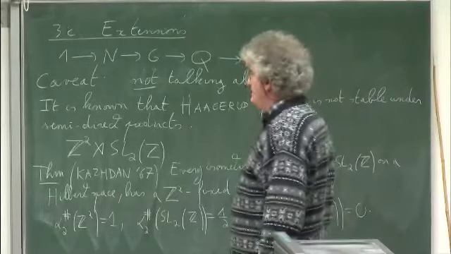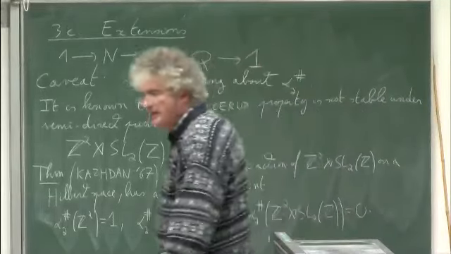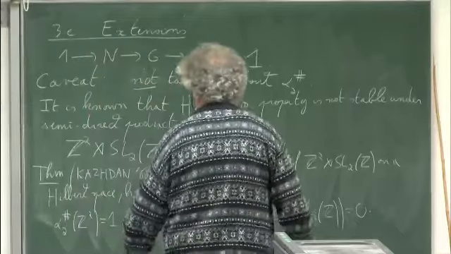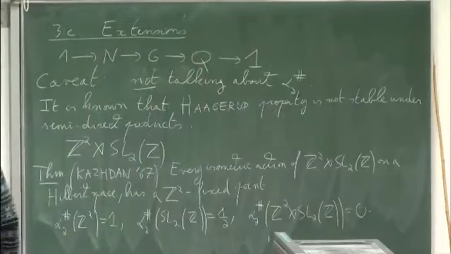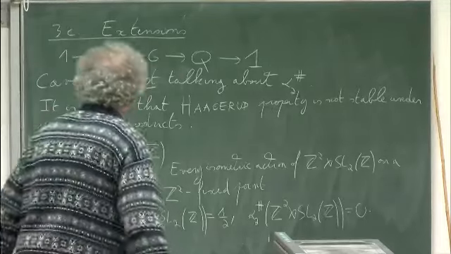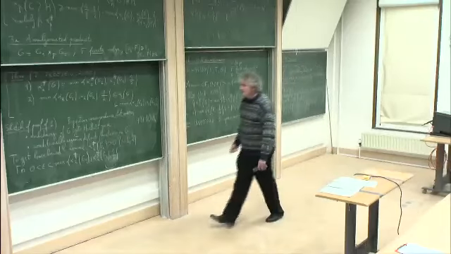So this means that we cannot hope for a lower bound for alpha 2 sharp for equivariant compression. So all we can hope for is a lower bound for non-equivariant compression.